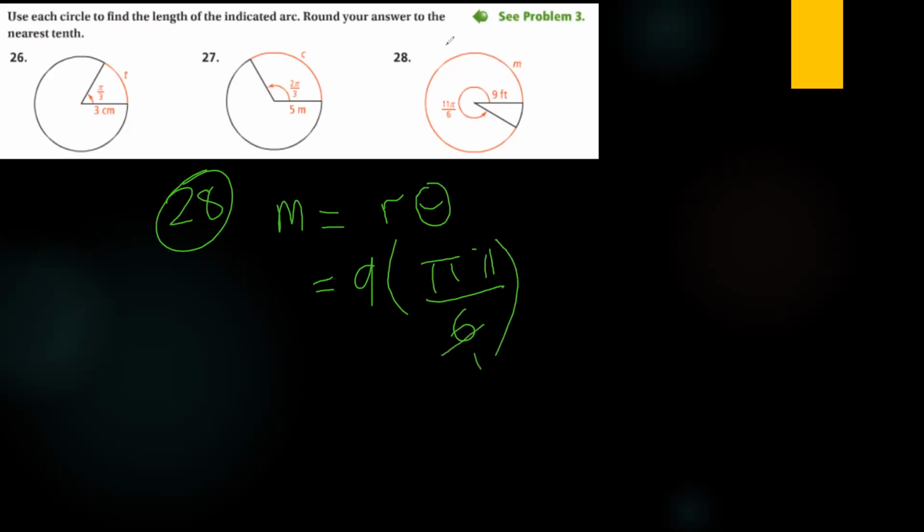Bravo. So we have it as 33 pi over 2. Then let's multiply 33 times 3.14 over 2, which is 51.81. Which unit? Feet. Bravo. Thank you.